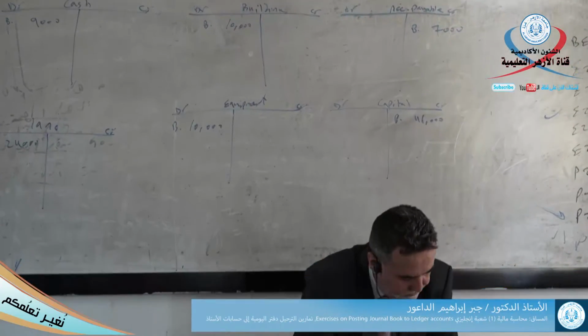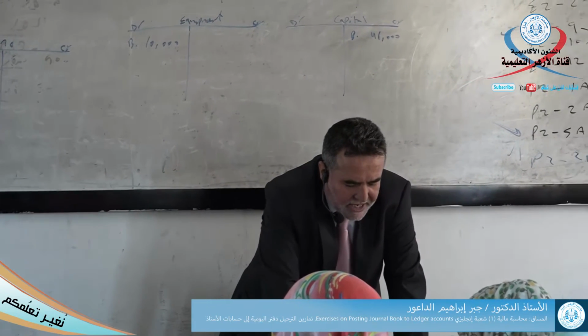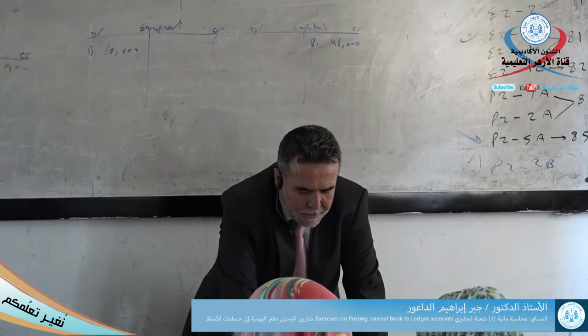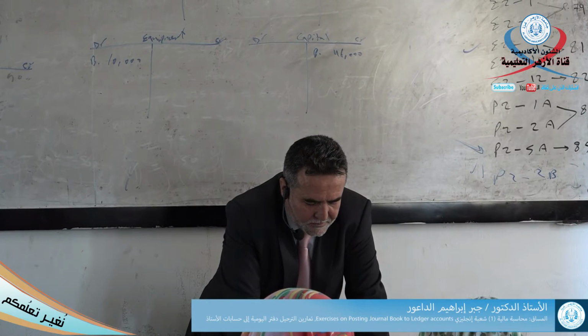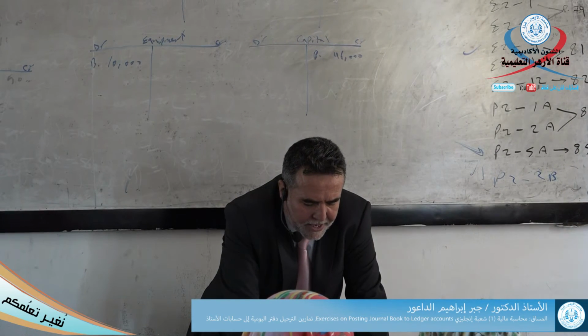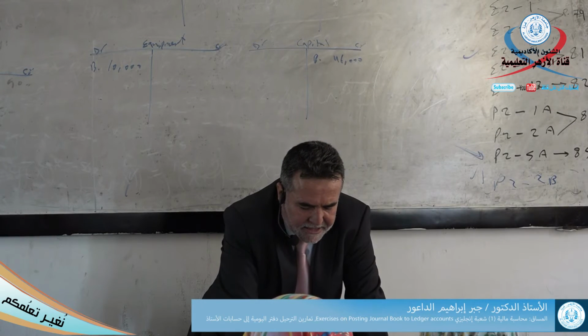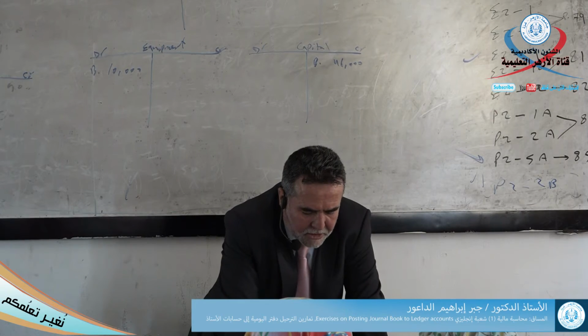Number 11. Joseph Theater contracted with Stephen Baker to operate the concessions stand. Baker is to pay 15% of gross concessions receipts for the right to operate the concession stand.